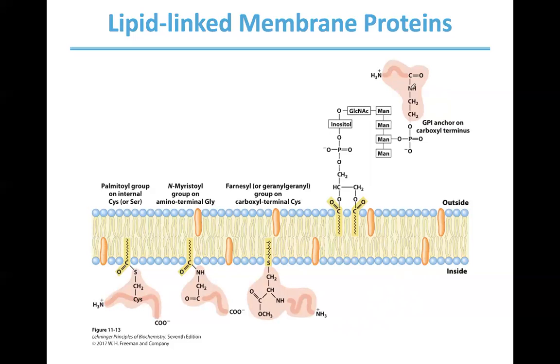This is ethanol, and this is the amine portion of it, attached through a phosphodiester bond to a mannose. There are 4 mannose residues, an N-acetylglucosamine, and inositol, attached through a phosphodiester bond to glycerol. Glycerol has 2 fatty acids embedded in the cell membrane.